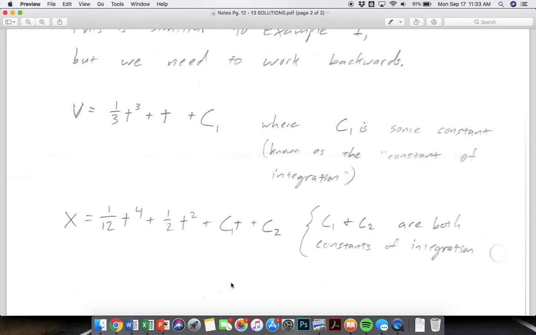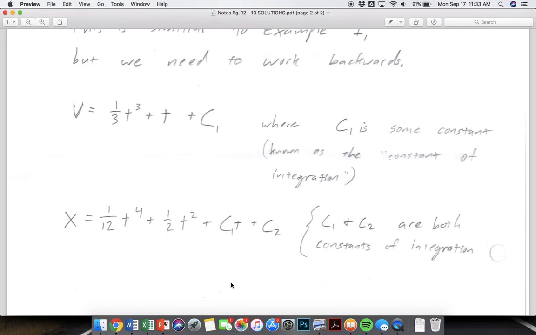Now, if these c1s and c2s are bothering you, typically on the physics problems, you're going to be given your initial conditions, and those will go away. So for instance, if in the instructions the problem had said the object begins at x equals 0 with no velocity. Well, begins means t equals 0.